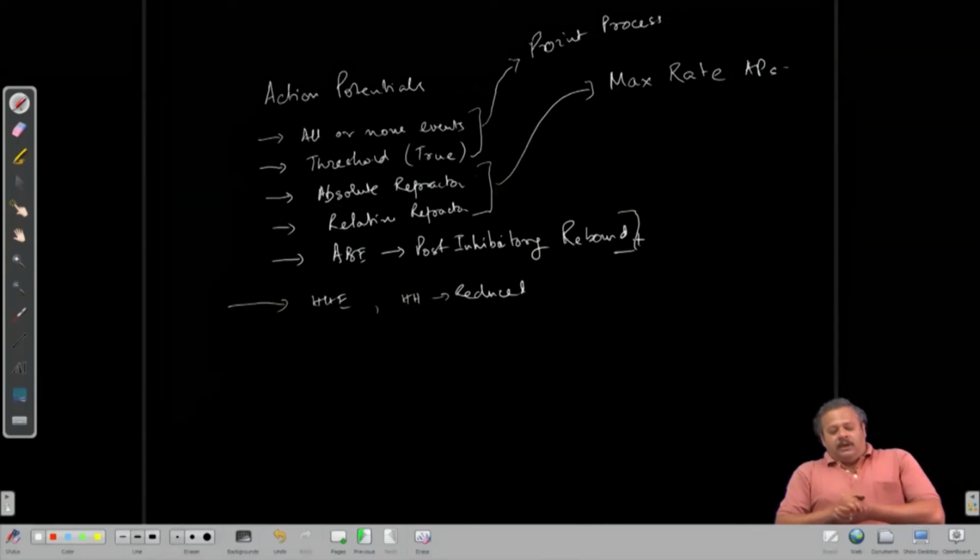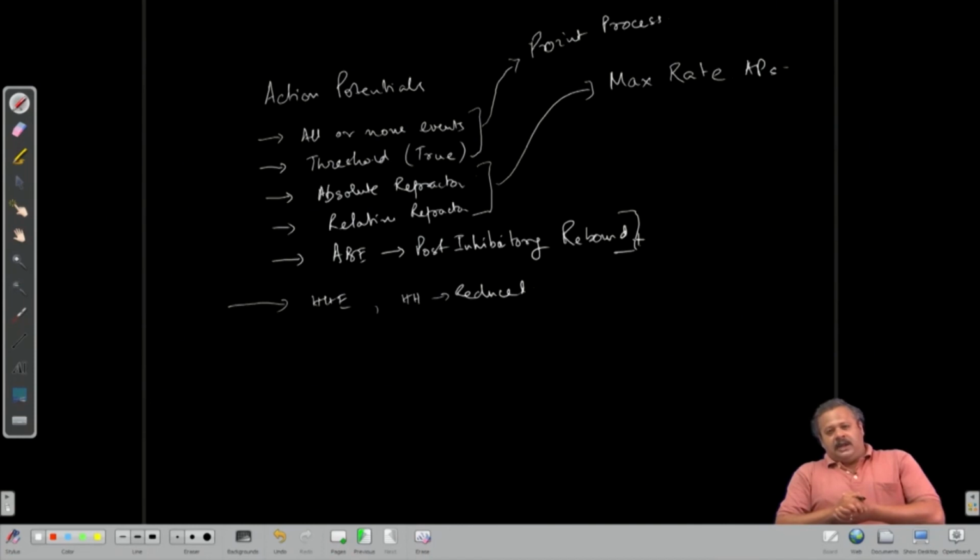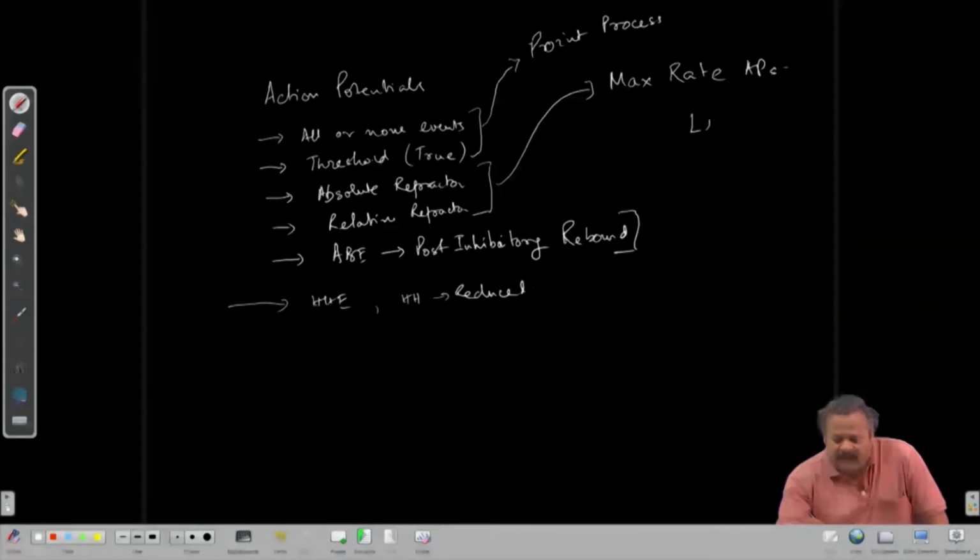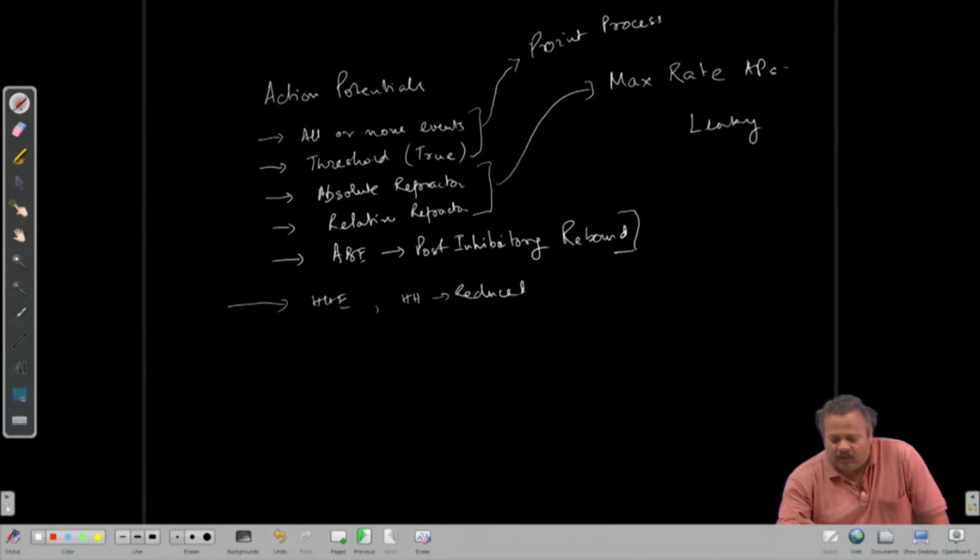So, for example, if you think about the action potential process, the M, H and N, if we remove that from the Hodgkin-Huxley equations, we had already discussed that, which is the leaky integrate and fire model.